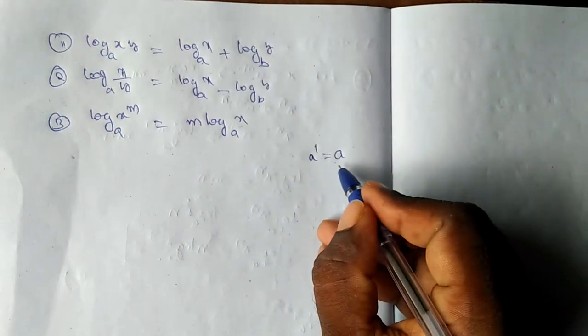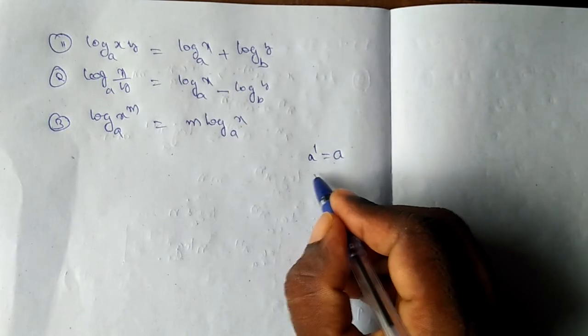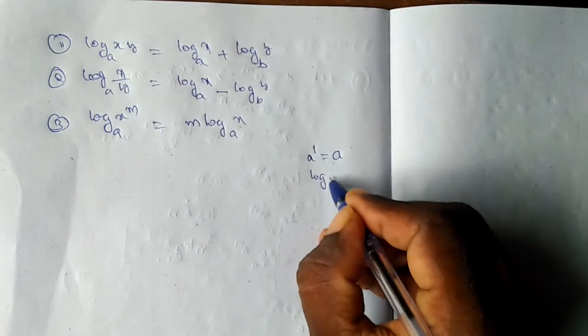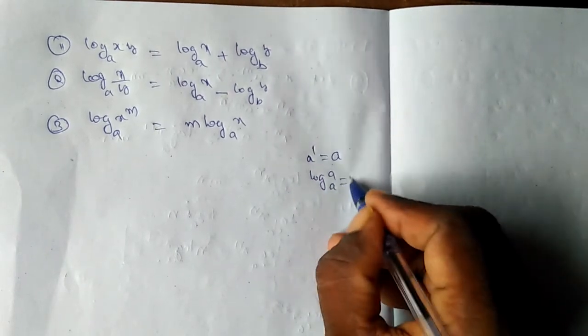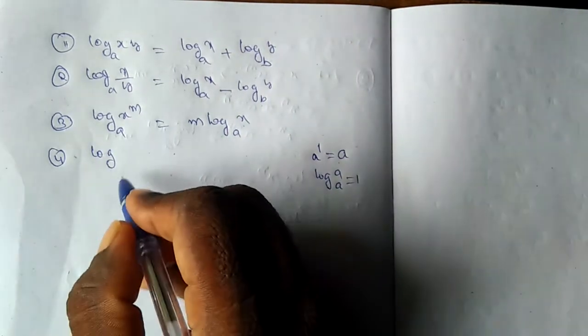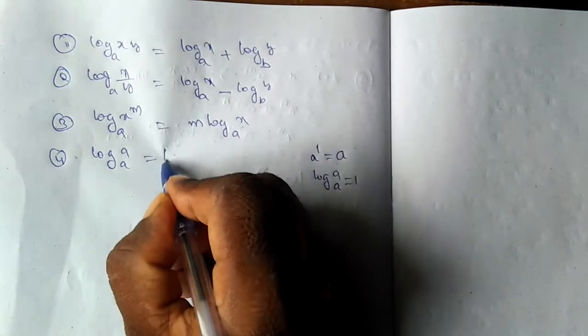How can you change this into logarithm form? Log a base a is equal to 1. This is also one of the formulas.